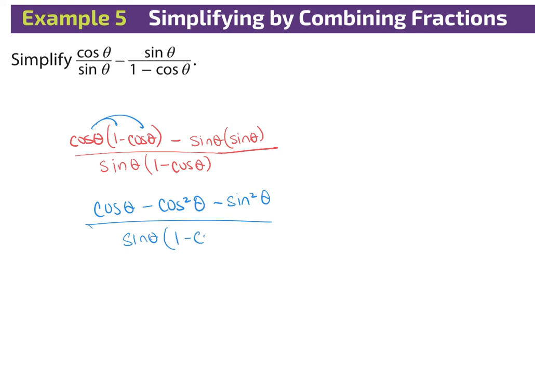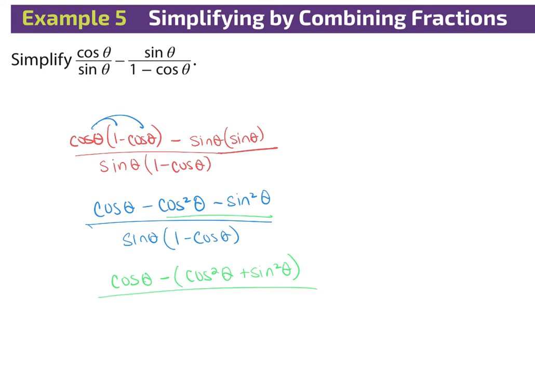Now, for the Pythagorean identity, those do have to be added. But you can take out a negative, right? So if I factor out this negative, minus, and pull a negative out of these, I end up with cosine squared plus sine squared. Everybody see that?